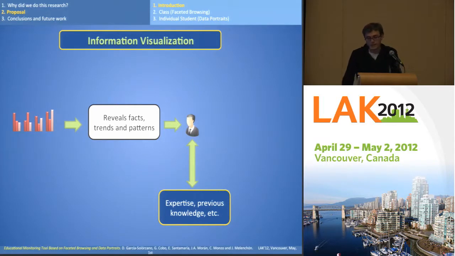It's only the idea to present the data portraits, which are not used enough, and the idea of using faceted browsing that is used in other research fields in education. But we have to improve the proposal. It's only the idea to introduce these two tools in education. Any question?